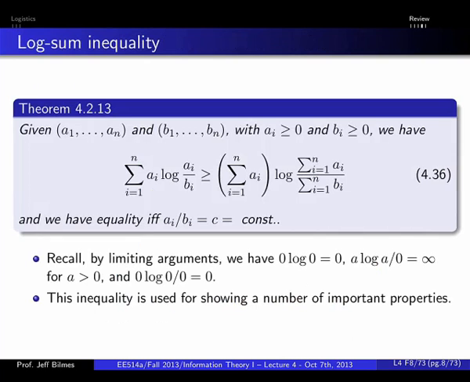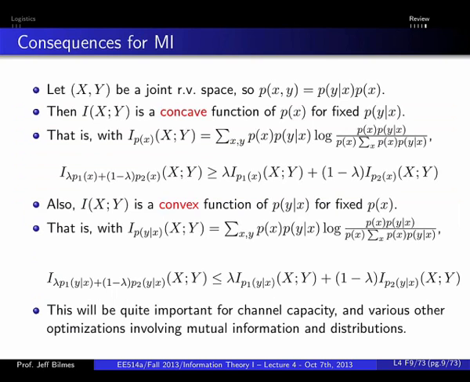We also talked about the log sum inequality, which was in some sense a generalization of Jensen's inequality, and how it gave us some nice properties of the mutual information in terms of its convexity as a function of either the marginal distribution or the conditional distribution.